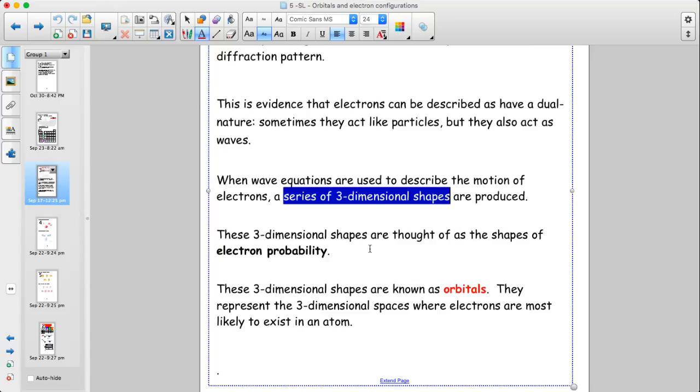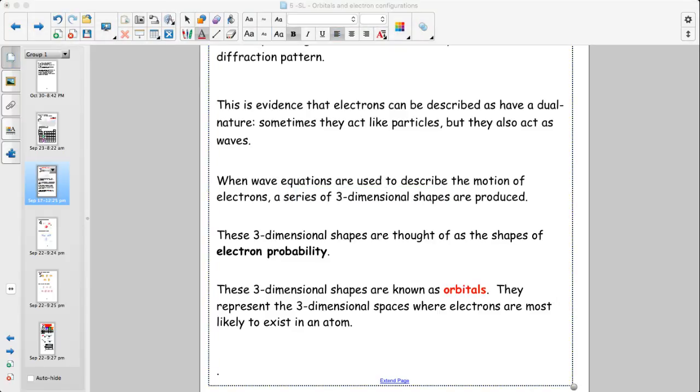These three-dimensional shapes are regions where electrons are most likely to exist. And these three-dimensional shapes are called orbitals. So rather than having an electron traveling around a simple circular path called an orbit, we now have these three-dimensional spaces where the electrons could exist, and they're called orbitals.